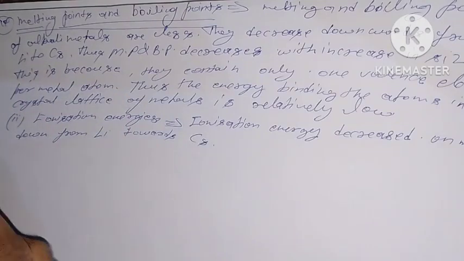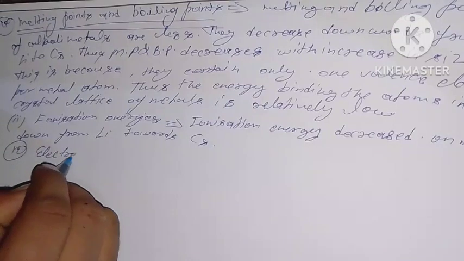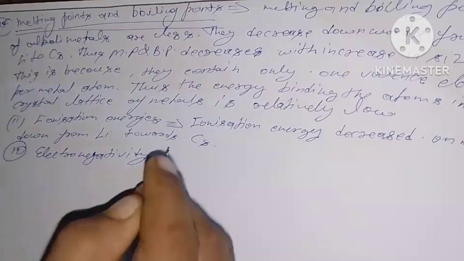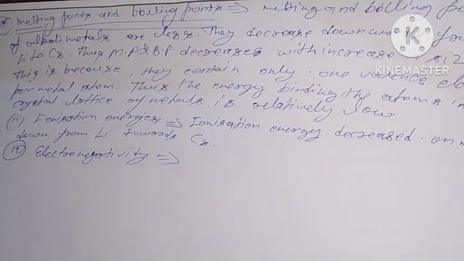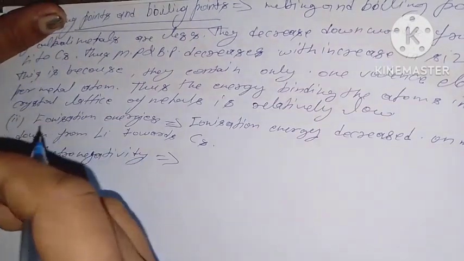Next is electronegativity, the 12th point. Alkali metals have very low electronegativity.